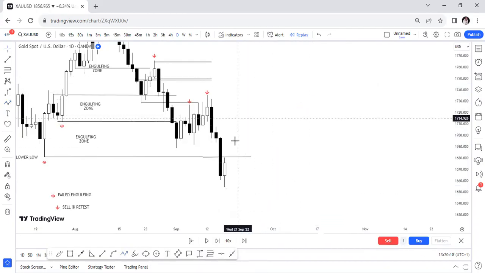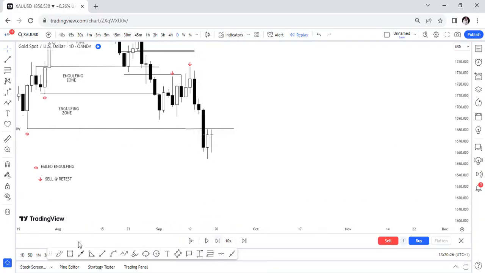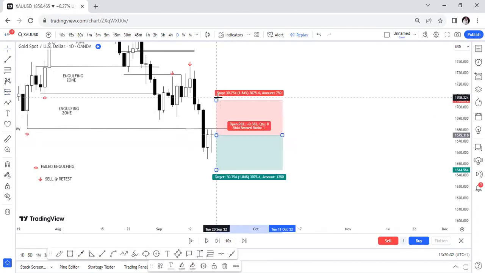That's how you then want to enter a new sell. You enter a new sell there.